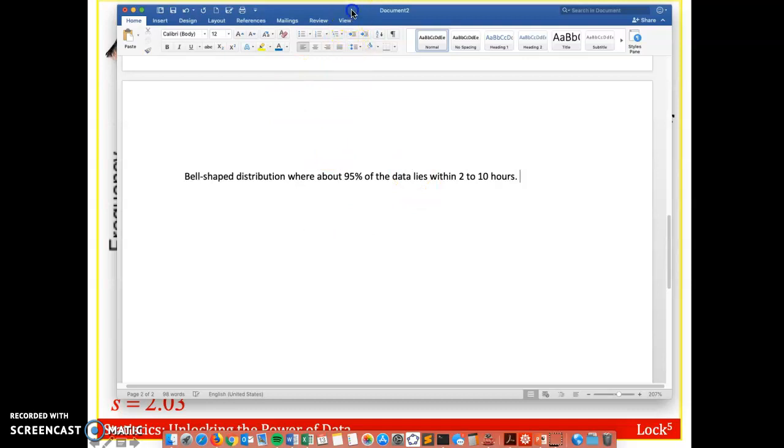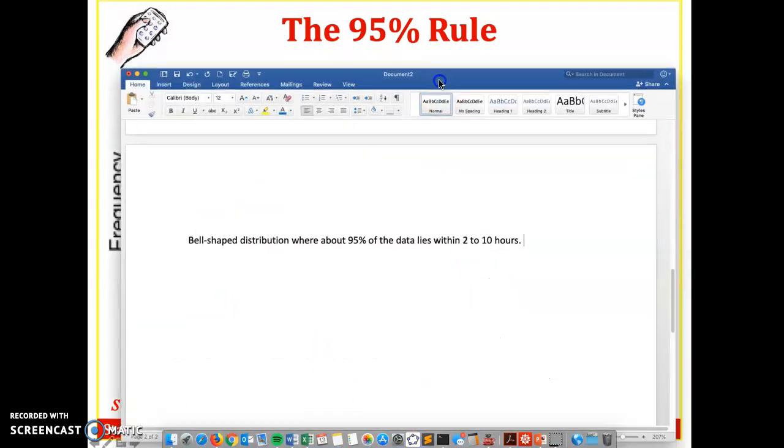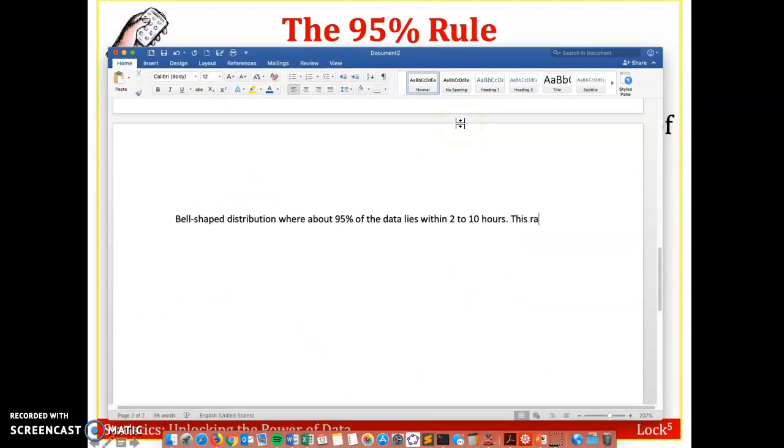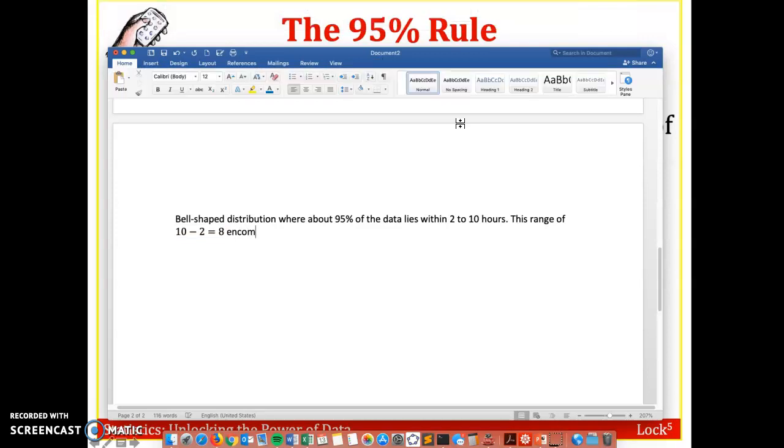I'm just typing up what I was saying: 2 to 10 hours, that's the bulk of the results. Well, this range of 10 minus 2 equals 8 encompasses 4 standard deviations, 2 below the mean plus 2 above the mean.